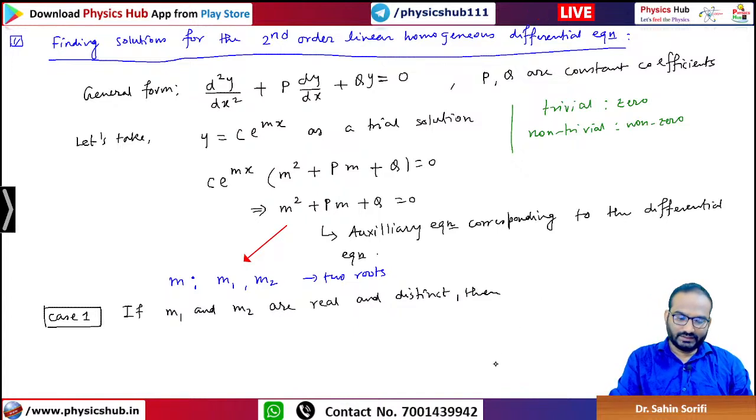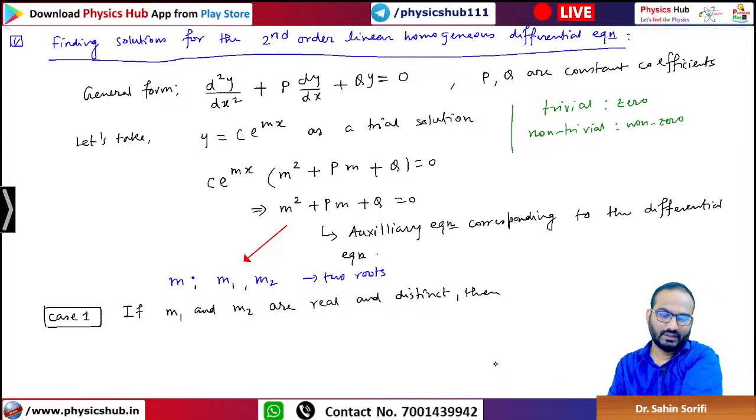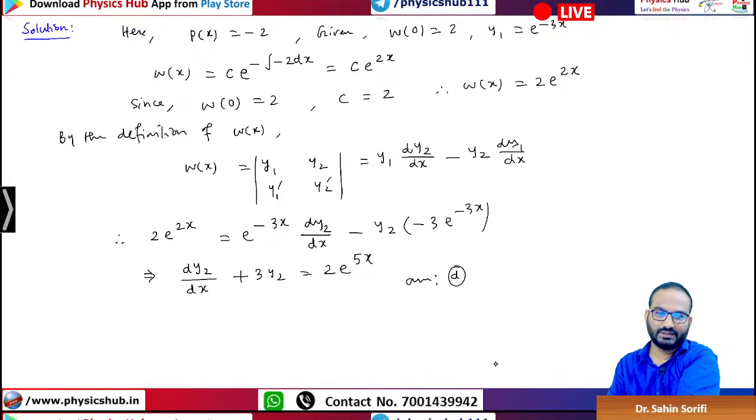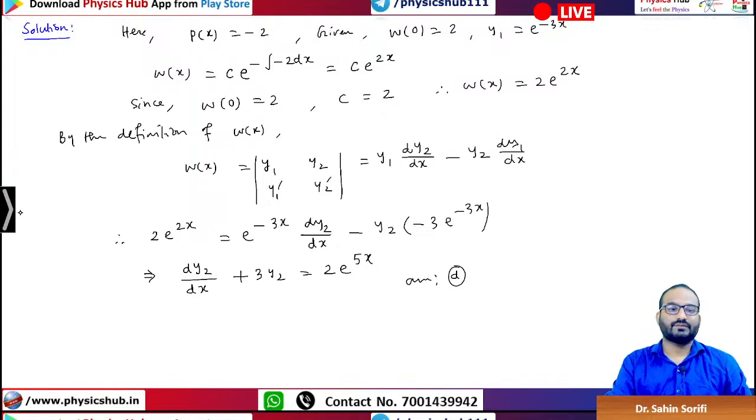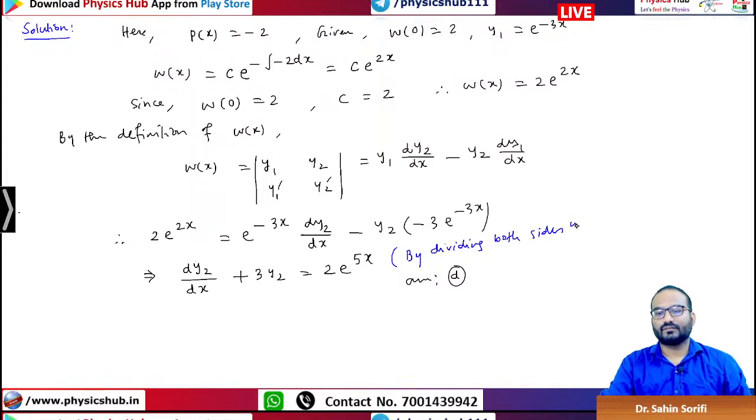How does the final step come? Acha, you are talking about the previous solution. Okay, I did not check this one. This one we have got by dividing both sides with e to the power minus 3x.